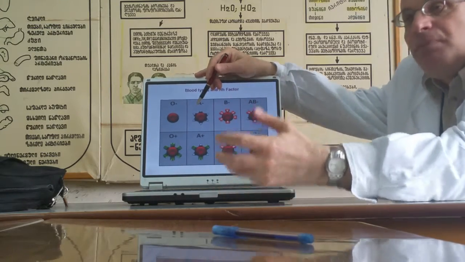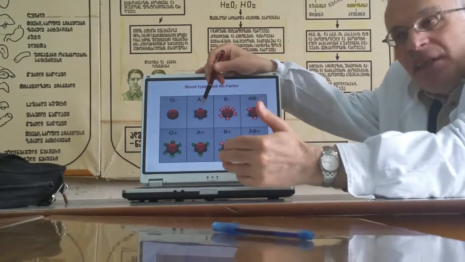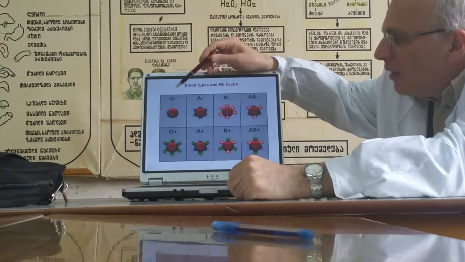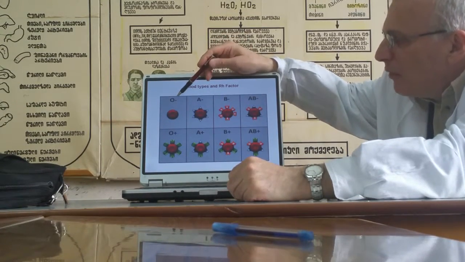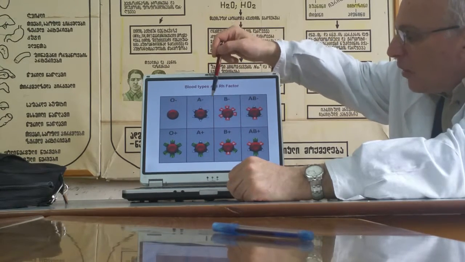Here you can see the groups with presence and absence of the rhesus factor.